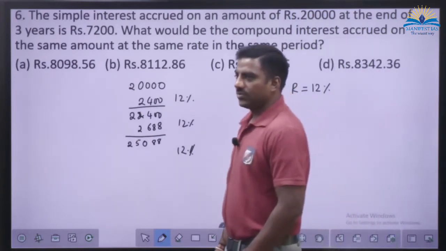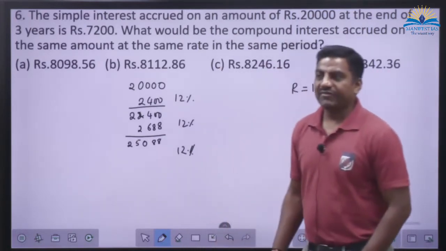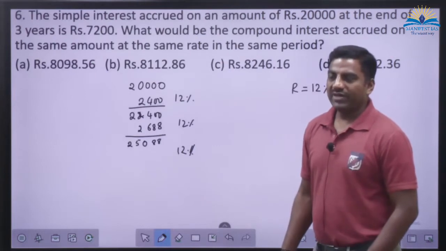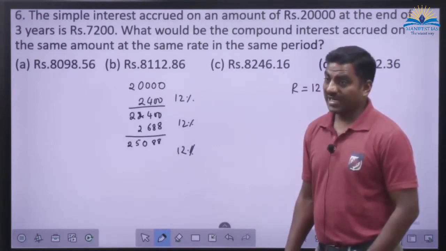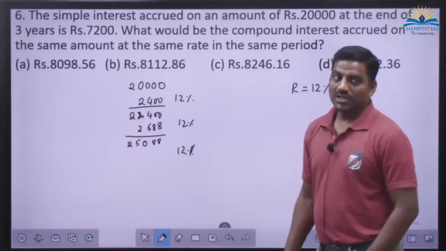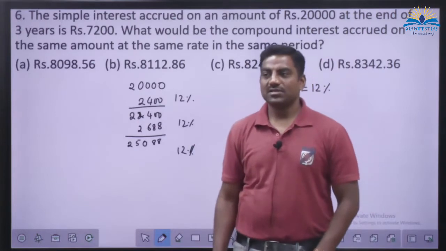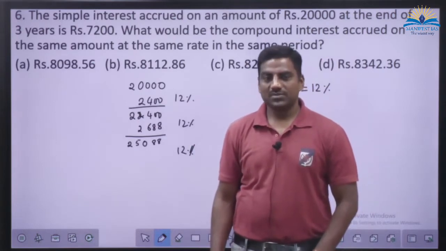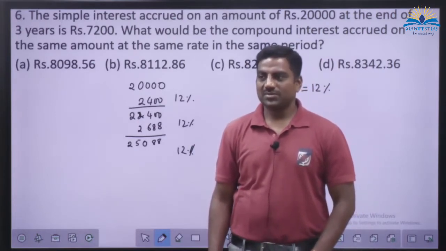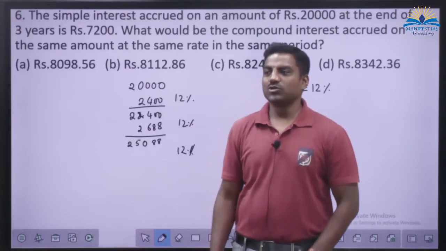12% of this. Roughly calculate for 25,000. You don't have to use pen and paper for this. 12% of 25,000: what is 10%? 2,500. Another 2%, 500. So close to 3,000.